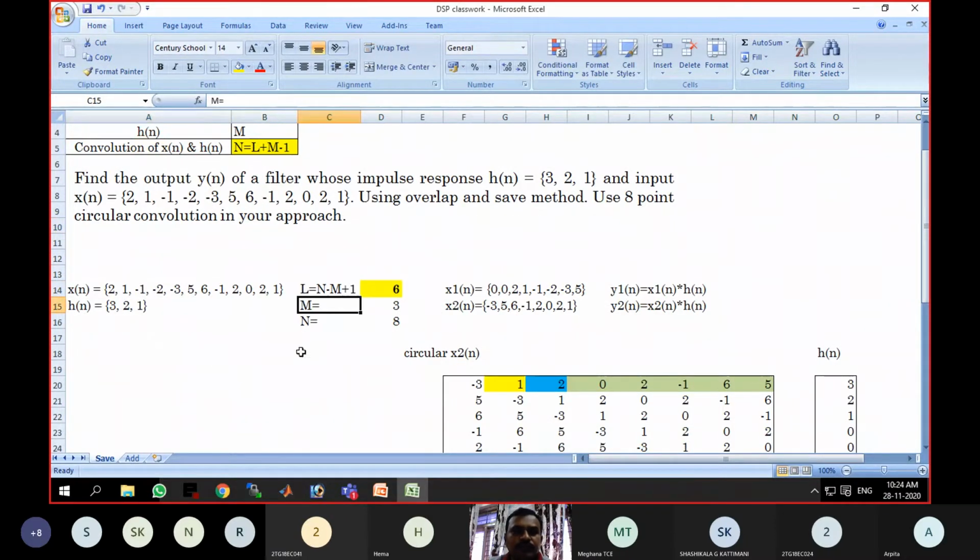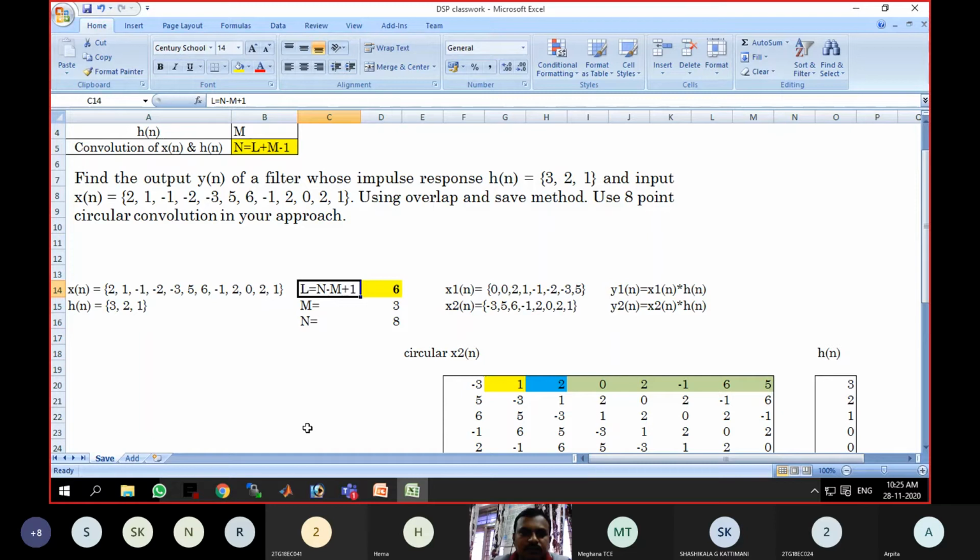As we know, M is the length of h of n, that is 3, and they told us to use 8-point circular convolution in the overlap and save method. So N is given as 8. We need to calculate how many elements to take from the original x of n to create x1, x2, x3 and x4. That is L plus M minus 1.